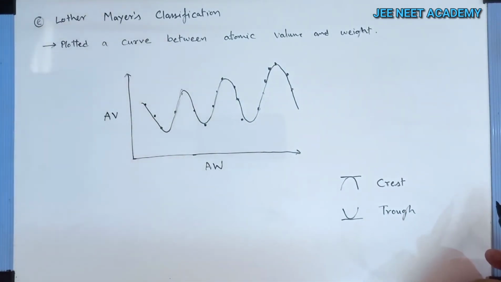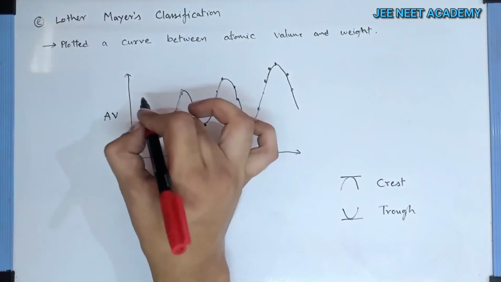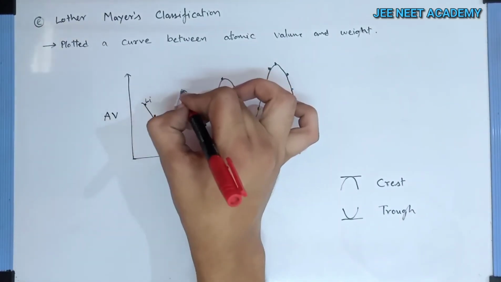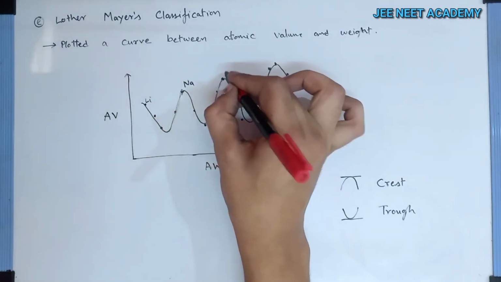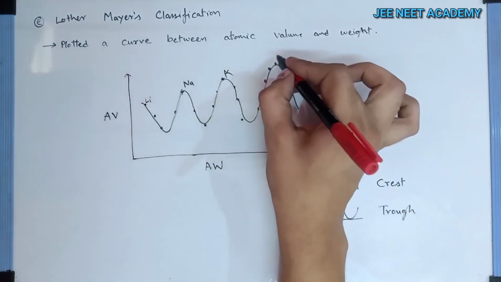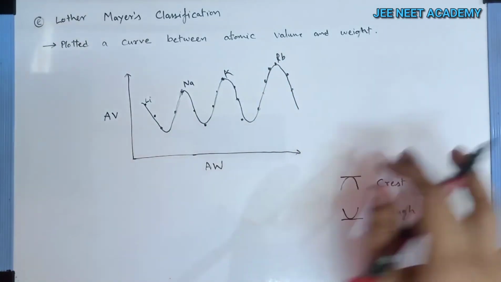So lithium, sodium, potassium, rubidium, and if you continue, cesium will come on the next crest.